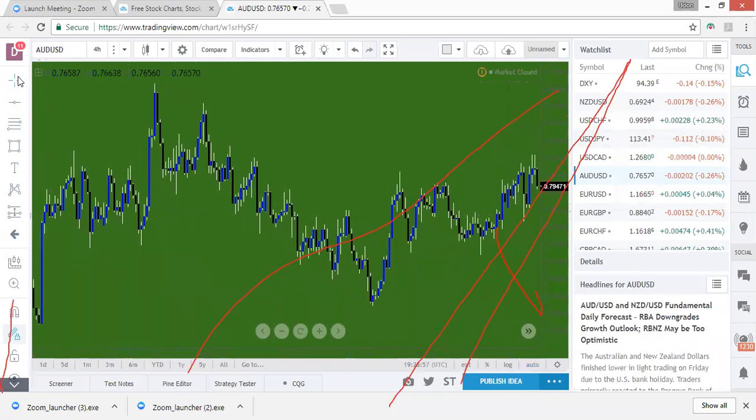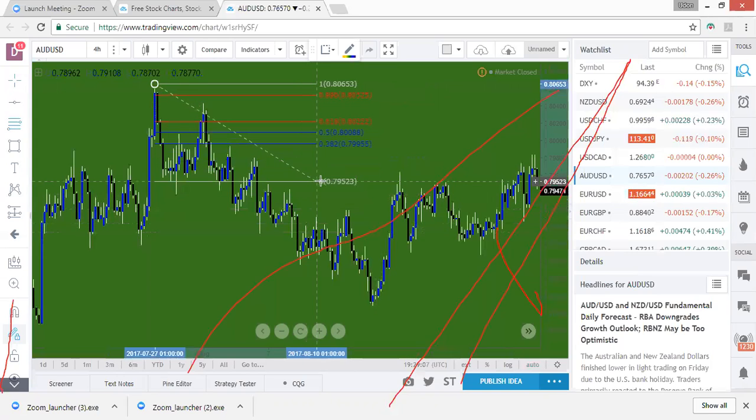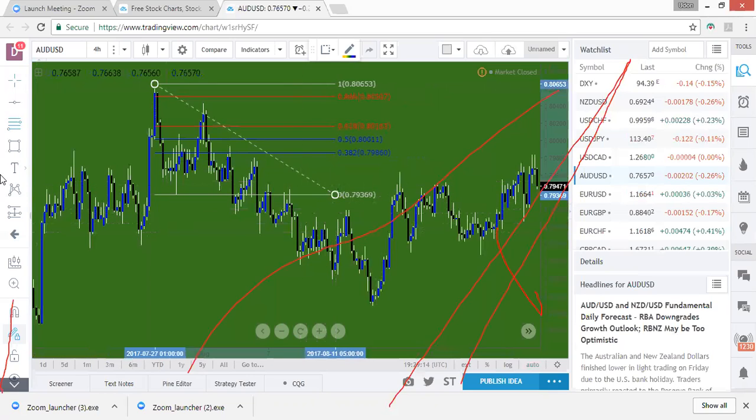Okay, so say you see a bat pattern on a higher time frame, like a 4 hour. You know that it's a bullish trend or a bearish trend. Say you go down to a lower time frame, can you keep finding bat patterns and predict where it's going to go?